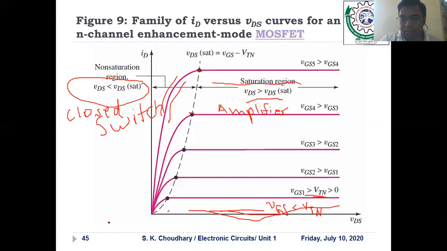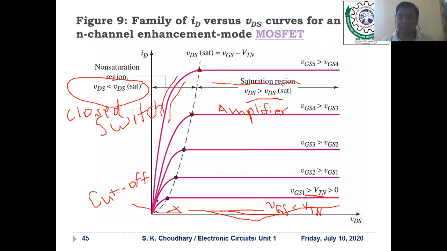This region is called the cutoff region.